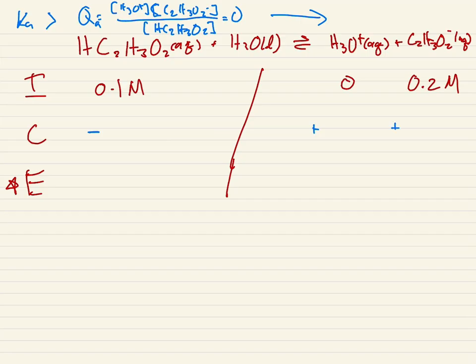We don't have any funny stoichiometry here, because acid-base reactions are usually in 1-to-1 molar ratios. So we're just going to define this as X for each of these changes. Then our equilibrium concentrations are 0.1 minus X, and 0.2 plus X.